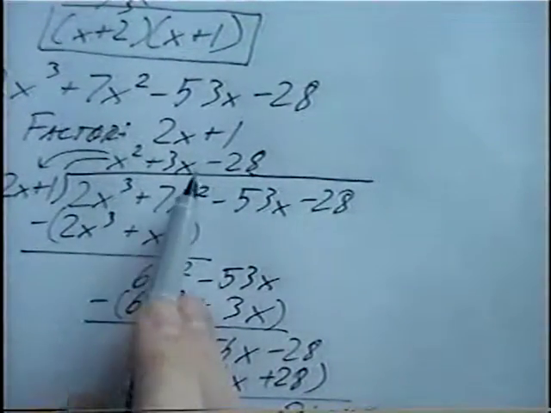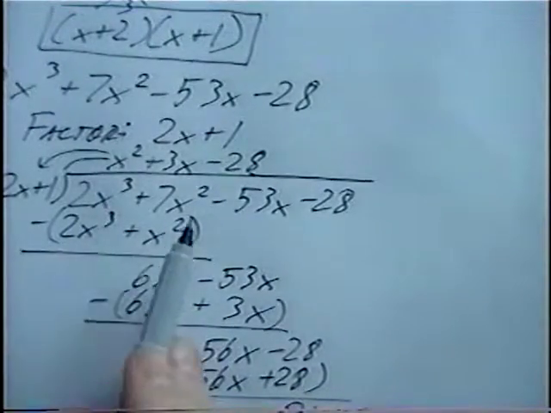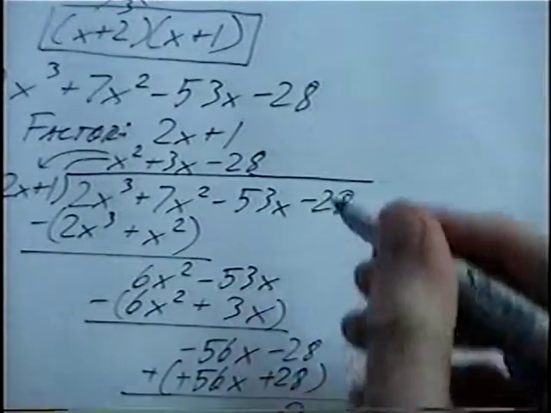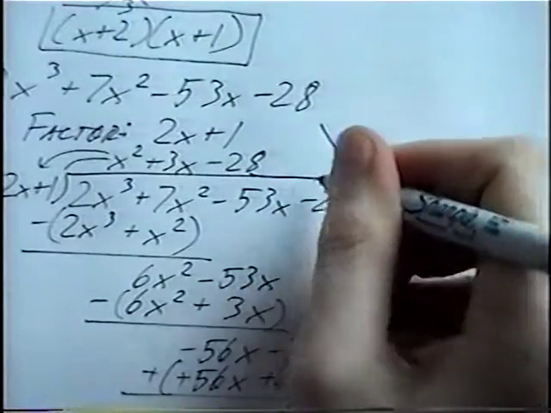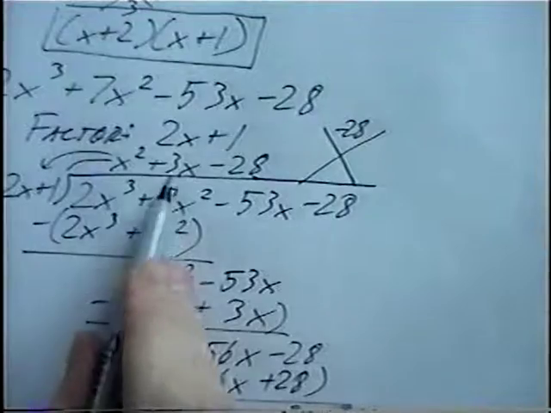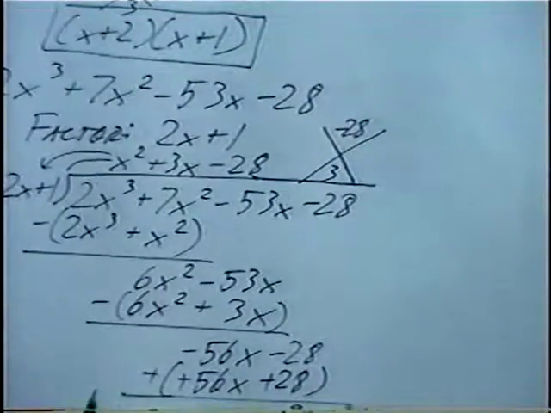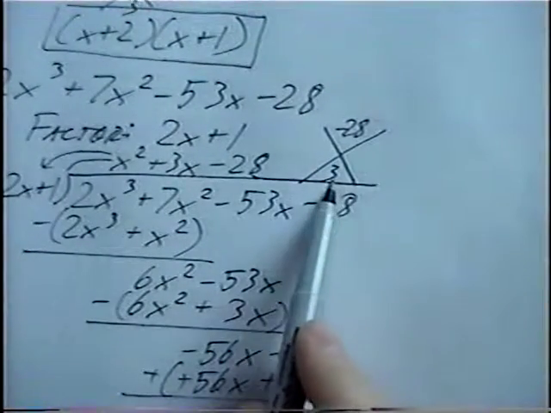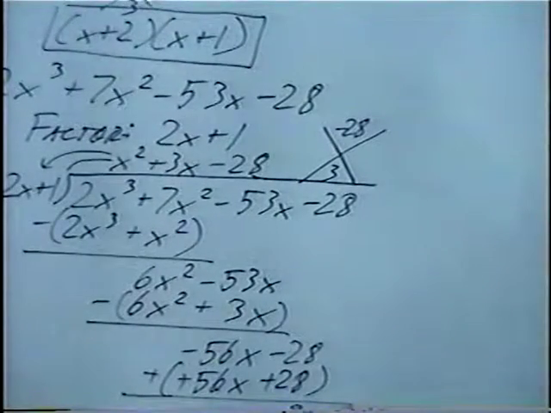Again, that's not the answer. We want to find the remaining factors. So just like before, we want to factor this. You can draw your diamond. Negative 28 on top, 3 on the bottom, multiplies to get negative 28, adds to get 3.